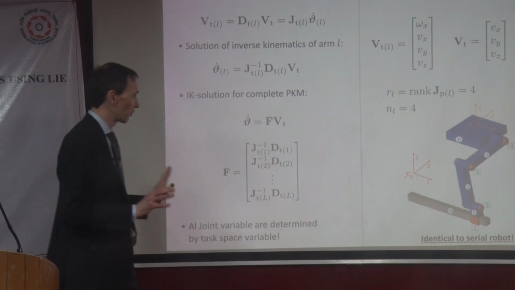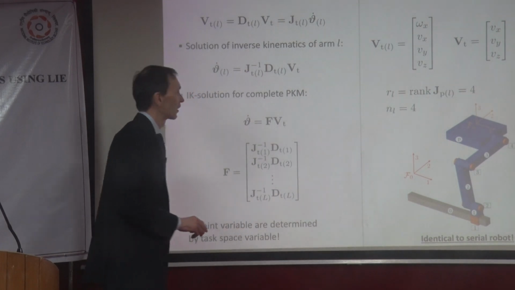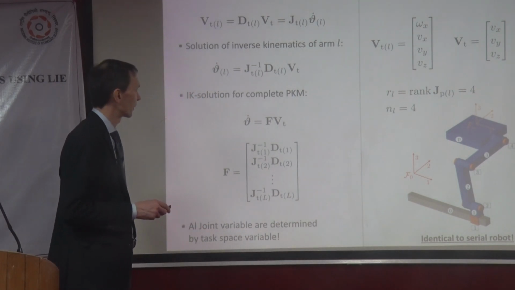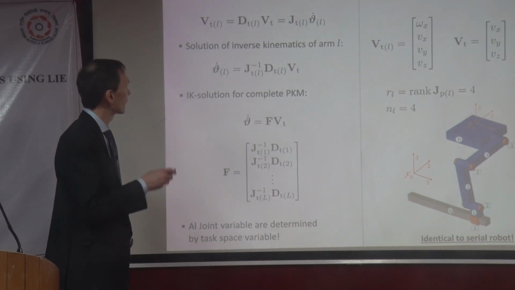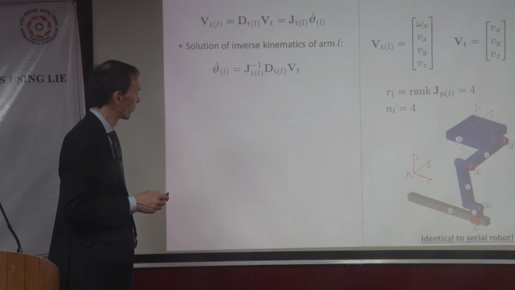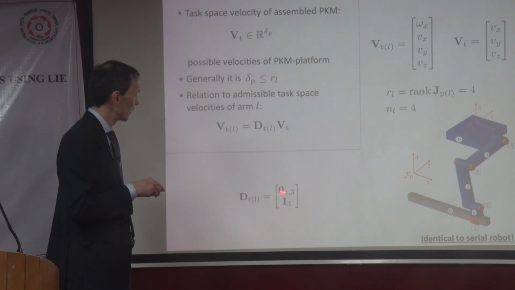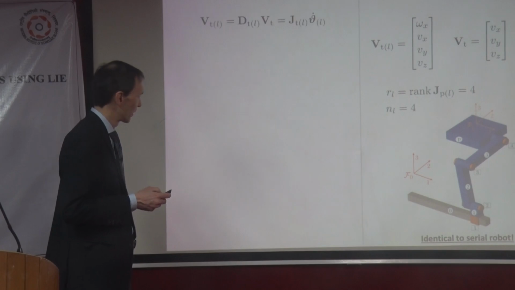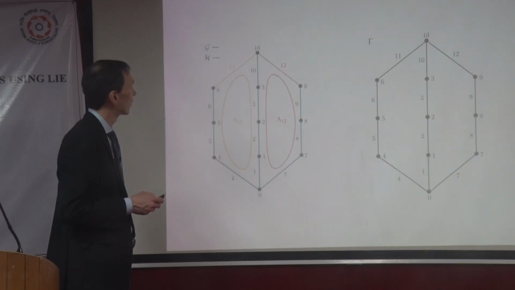So this is the main step behind this approach. And what is important to realize is that this D implicitly formulates the constraints on the platform motion by using the zero. Okay, good.